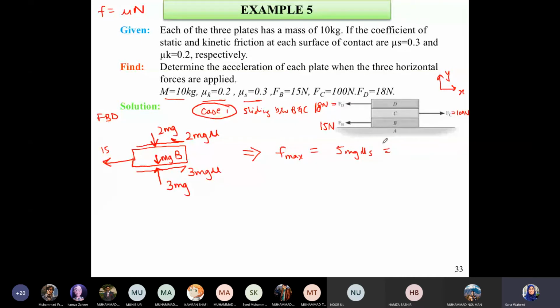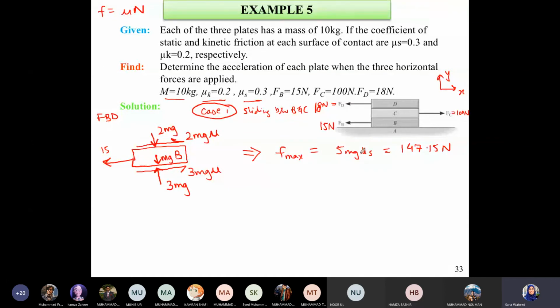If someone could please let me know. 5 times 490. Sorry, 490. I'm not getting 490, I'm getting 147.15. Oh, sorry. Check 5 mg, right? M is just 10 and g is 9.8.